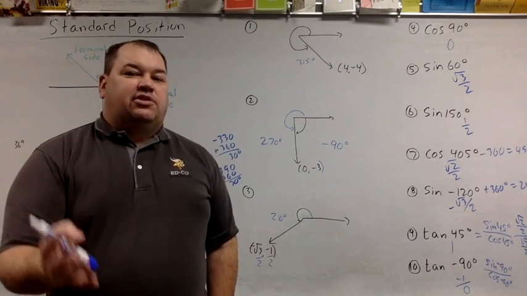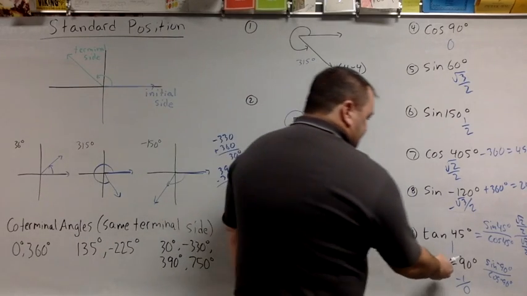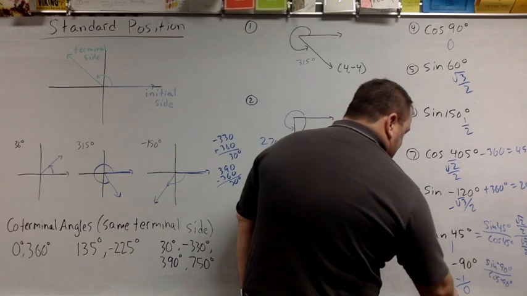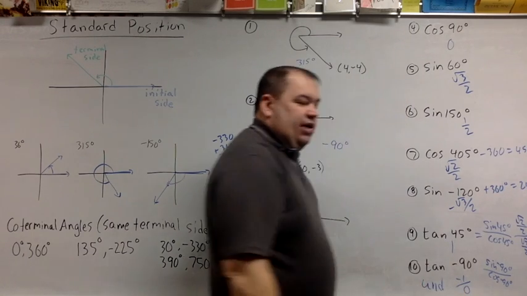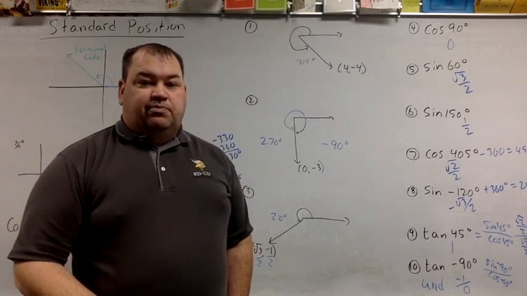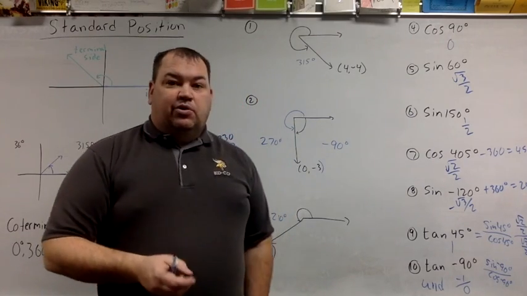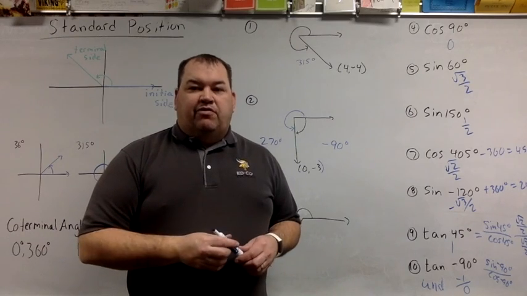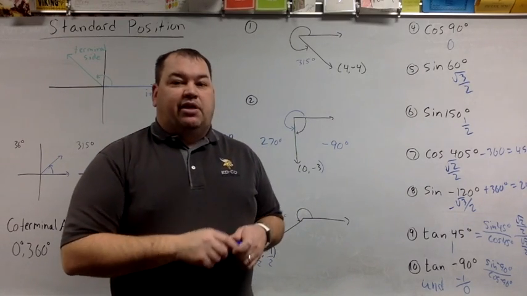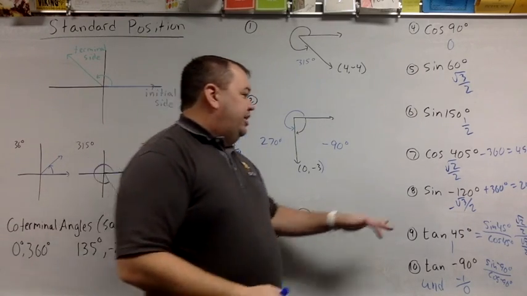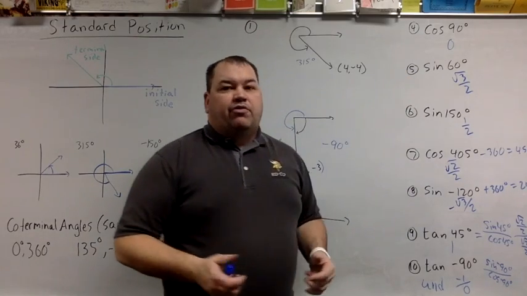I can't have a 0 on the bottom, so the tangent at negative 90 degrees is actually undefined. There is no answer there. Okay, and we'll explore why that is. Just understand if you ever have that 0 on the bottom, it is an undefined value, which you will find time and again with tangent, but you should always get an answer for the sines and for the cosines.